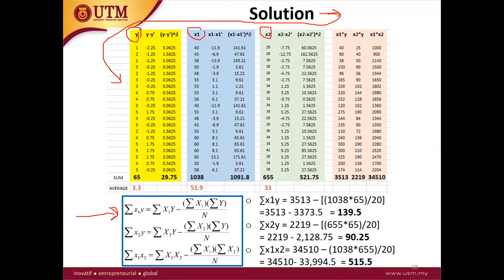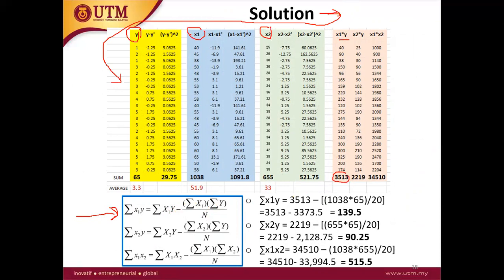So the sum of x1y is given by the sum of x1y minus the sum of x1 times the sum of y over the number of samples.